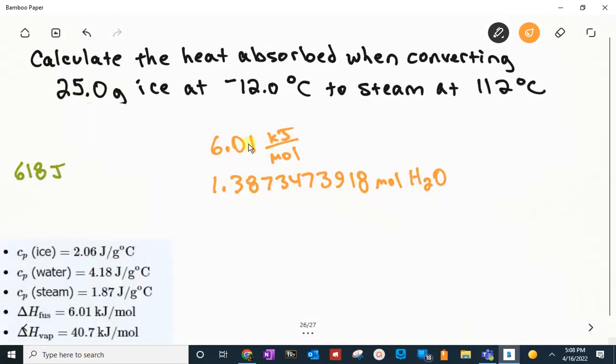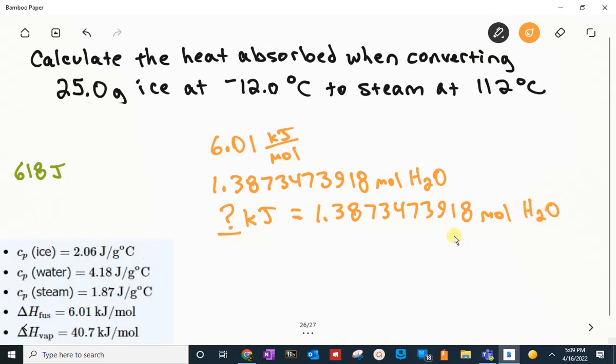So if we have 6.01 kilojoules per mole, then how many kilojoules do we have if we have 1.38734733918 moles of H2O? Well, how are we going to write this in our data table?